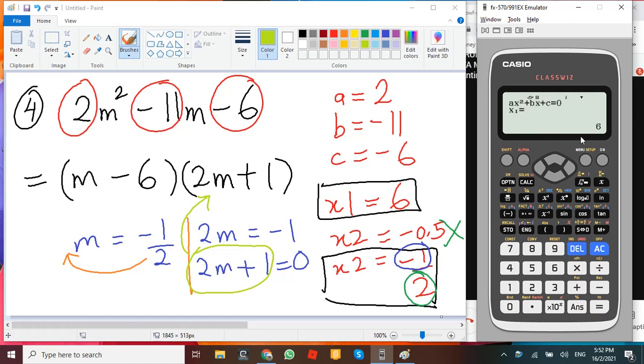Okay, so we get x1 equal to 6, we go down. x2 we get answer in fraction, negative 1 over 2, and we no need to change from decimal to fraction anymore, because the answer is already in fraction. However, if you want to change, actually you can use this button. This one, decimal, you can change to fraction.